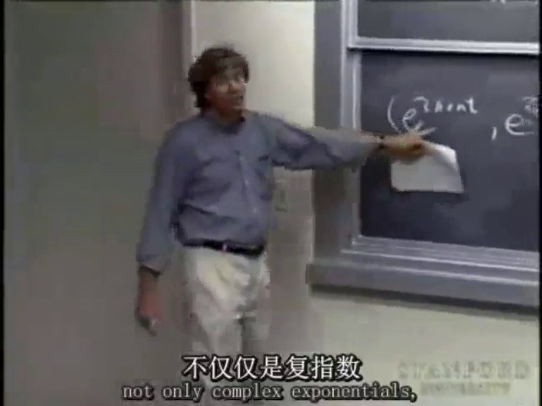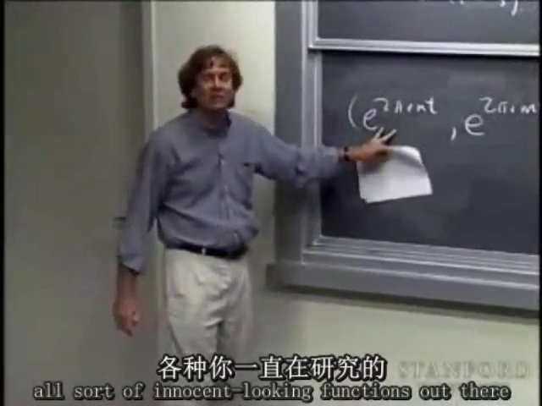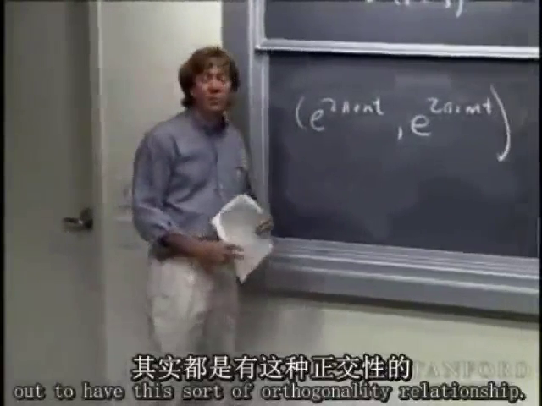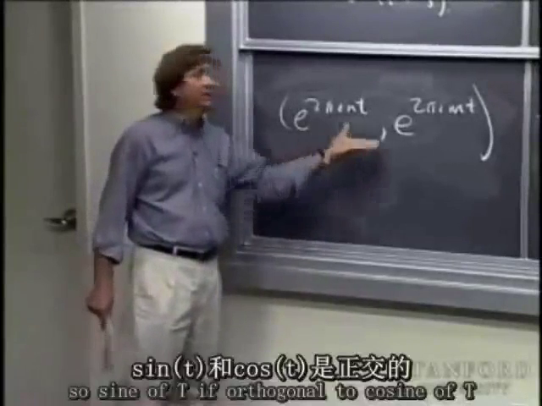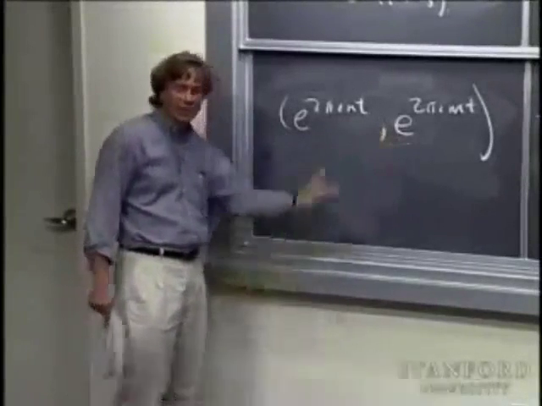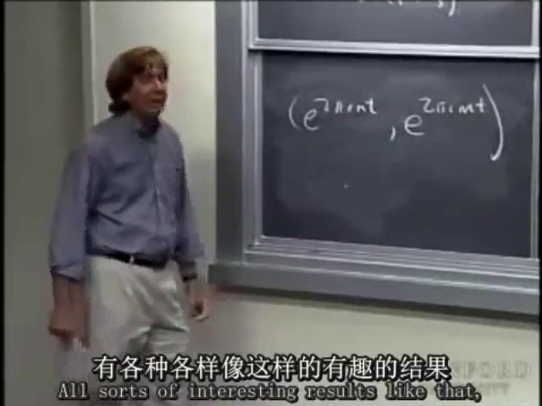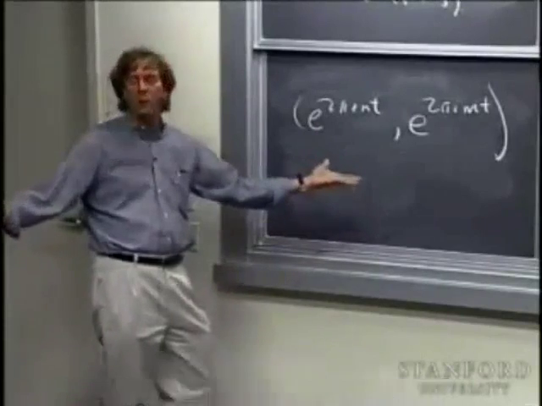Not only complex exponentials, but sines and cosines, all sorts of innocent-looking functions out there that you have worked with for all of your life turn out to have this sort of orthogonality relationship. Like sines and cosines. So sine of t is orthogonal to cosine of t, or sine of 2 pi t is orthogonal to cosine 2 pi t. All sorts of interesting results like that. But you might say to yourself, gee, if I look at the graph, I should be able to visualize this. Don't bother.